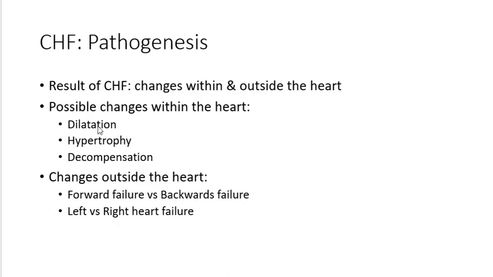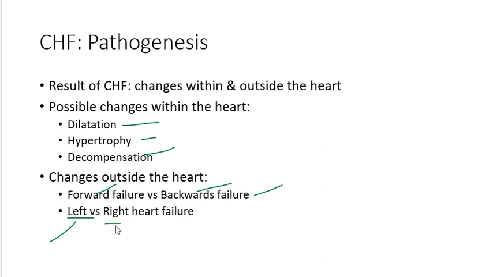Pathogenesis, we spoke about classification, we spoke about pathogenesis of dilatation, hypertrophy, and decompensation. We spoke about forward and backward failure, depending on whether you can't push the blood forward, or you can't take the blood out of the section that is behind that part of the heart. We spoke about left heart failure versus right heart failure, where in left heart failure you typically have dyspnea, orthopnea, paroxysmal nocturnal dyspnea.